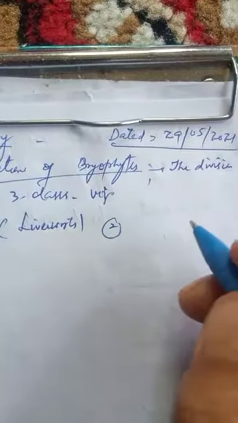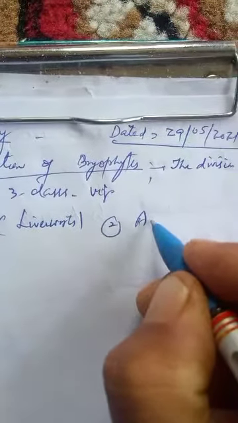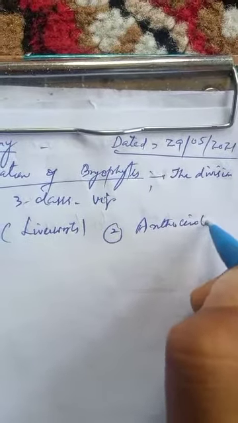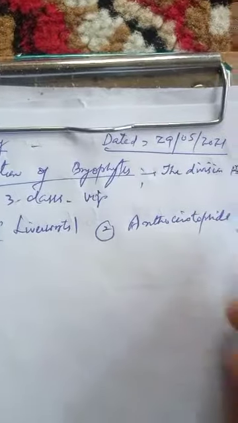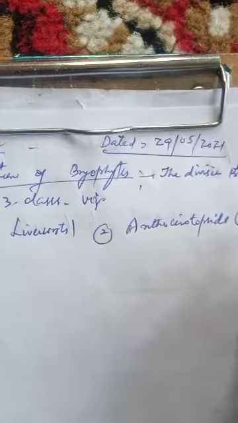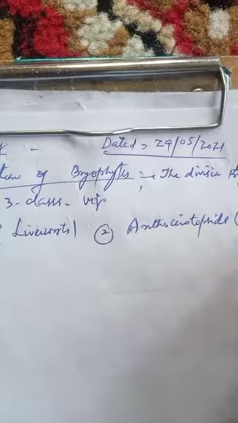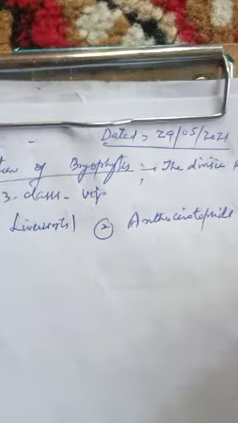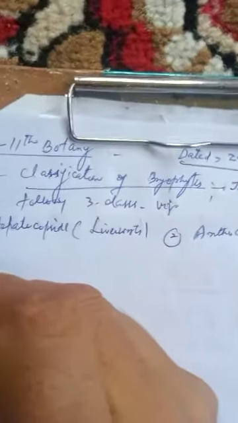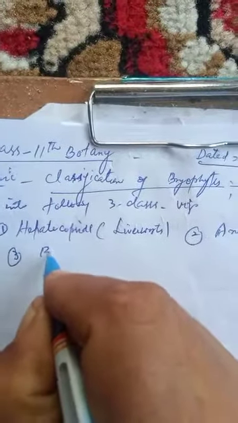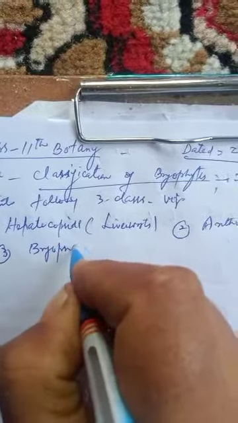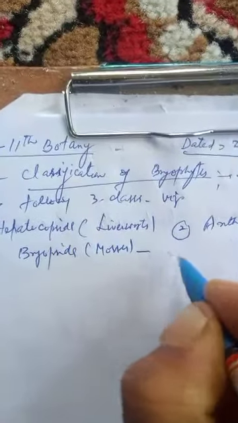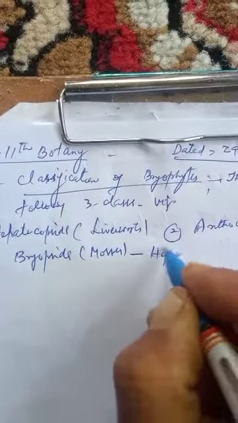Number second, Anthocerotopsida, also known as hornworts. And number third, Bryopsida, also known as mosses or higher bryophytes.